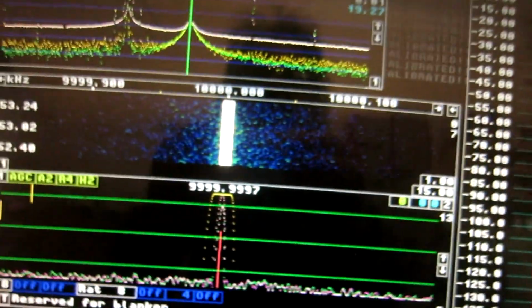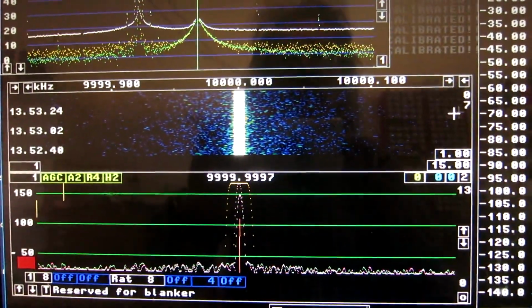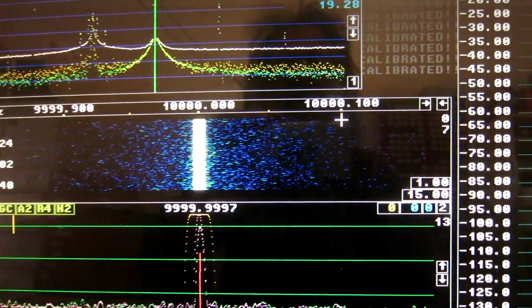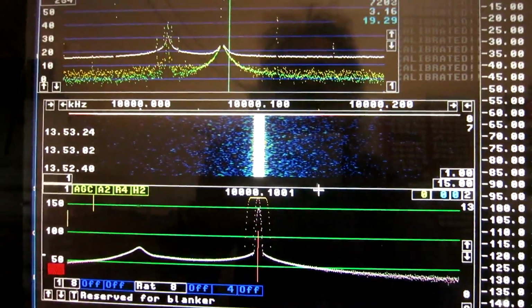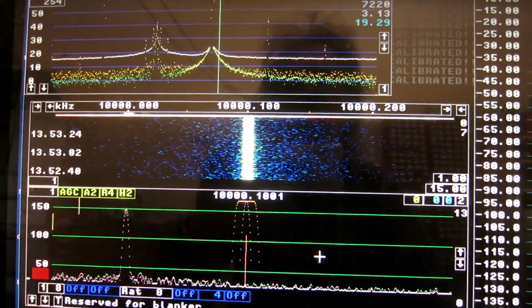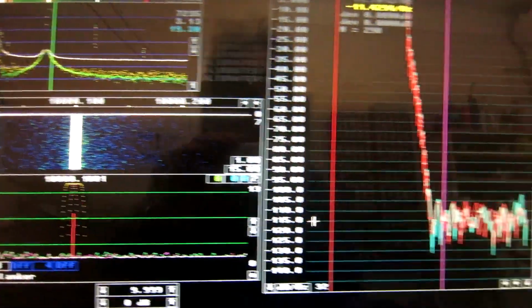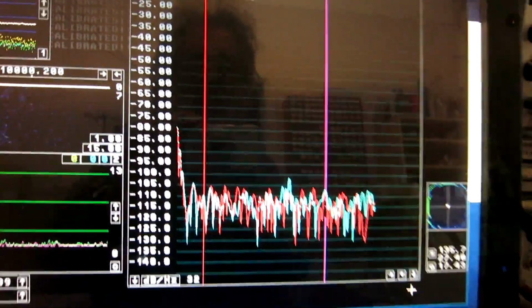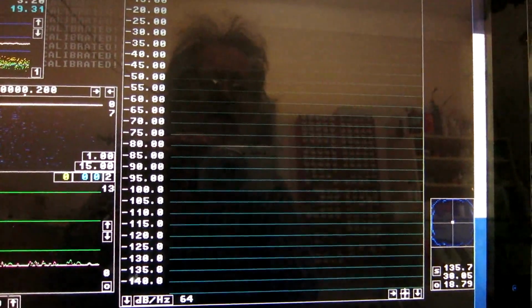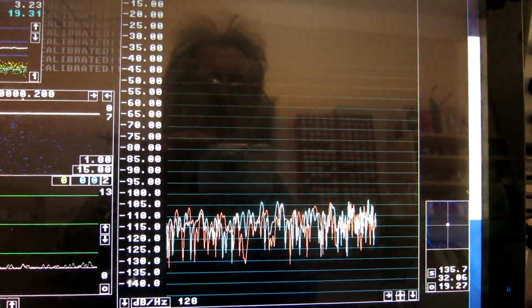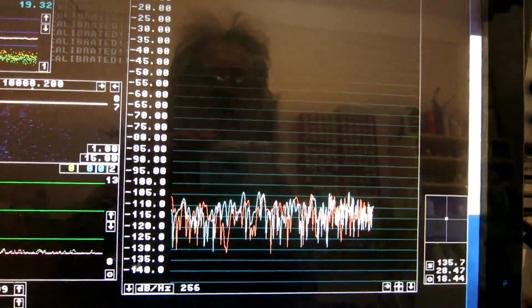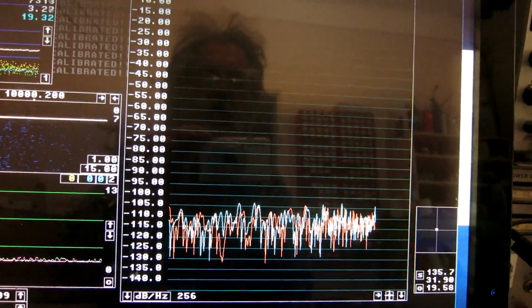And then I click 100 Hertz away here to tune 100 Hertz away from the carrier. And here I get the noise floor, and I want a somewhat smoother curve, which I get by running slower, like this.